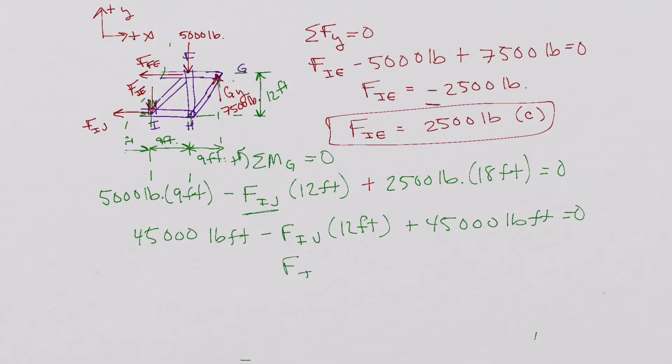So FIJ equals 90,000 divided by 12, which is 7,500 pounds. And apparently we guessed the right direction because it's positive, so that's in tension.